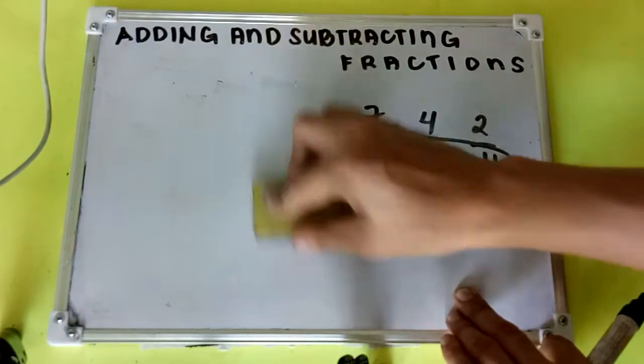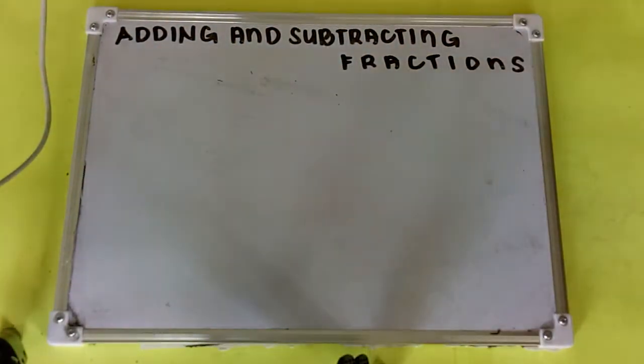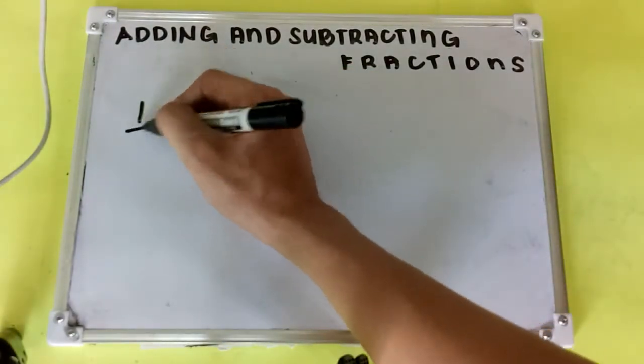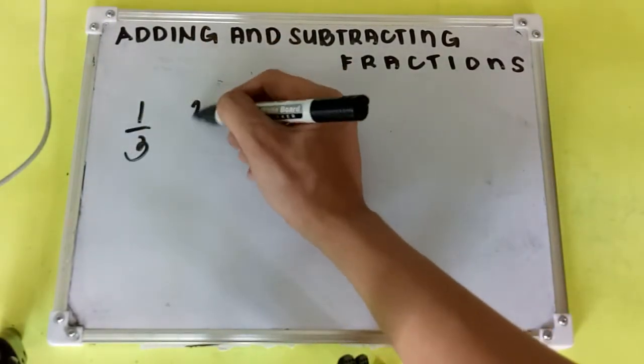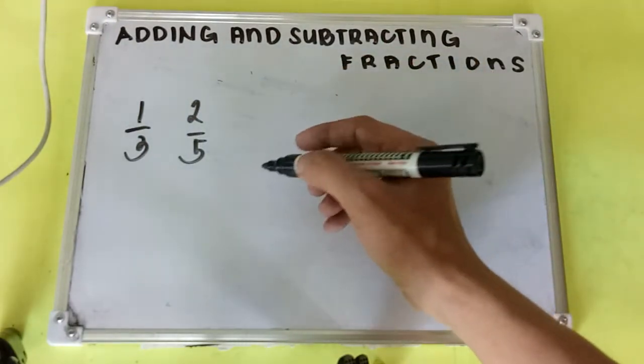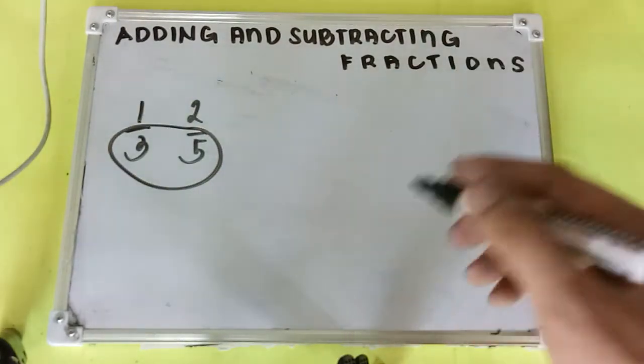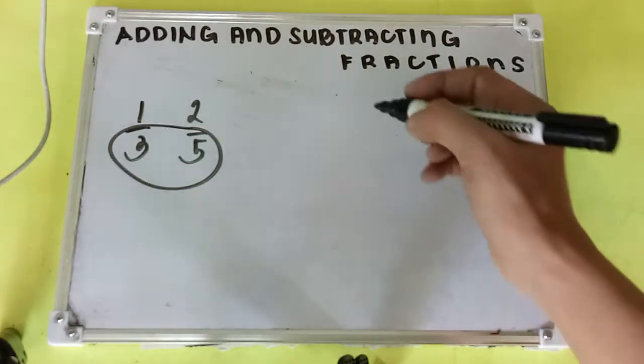And then for the dissimilar fractions, it means they have different denominator. Halimbawa ay 1/3, 2/5. Magkaiba sila ng denominator, so they are dissimilar fractions.